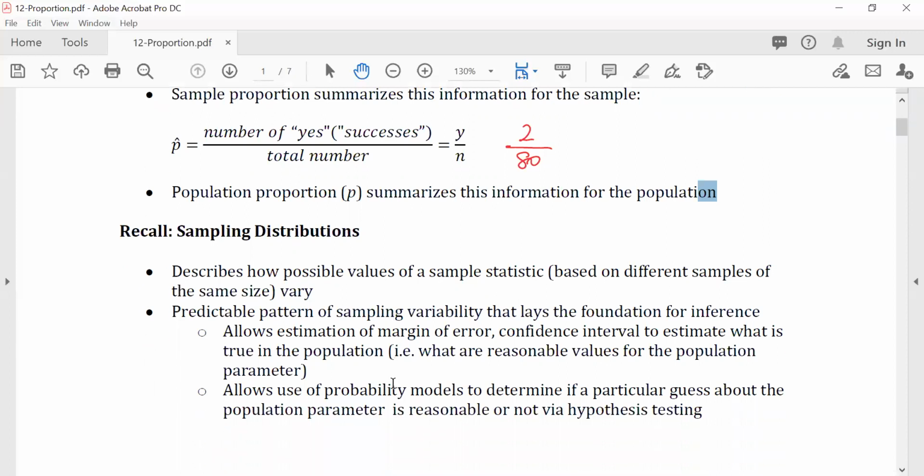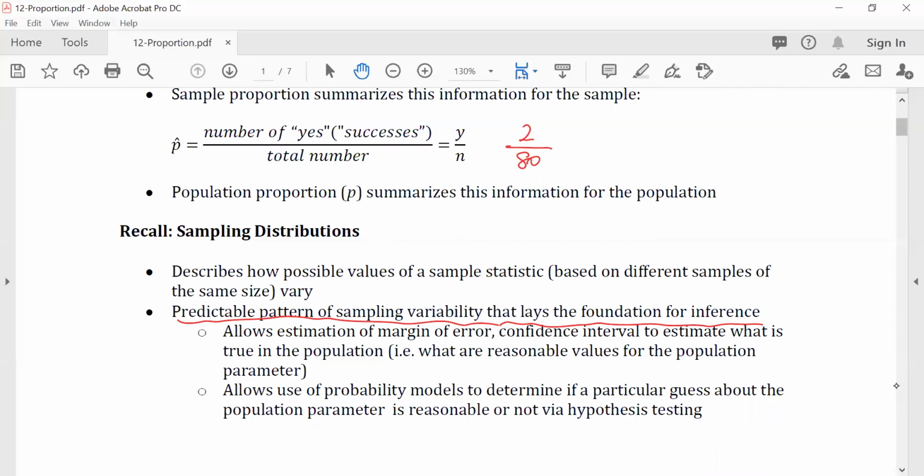The reason we want to use the sampling distribution is it will provide us a predictable pattern of the sampling variability, which lays the foundation for inference. It will tell you whether the sample proportion that you got is something reasonable or something not ordinary, which allows you to estimate the margin of error.